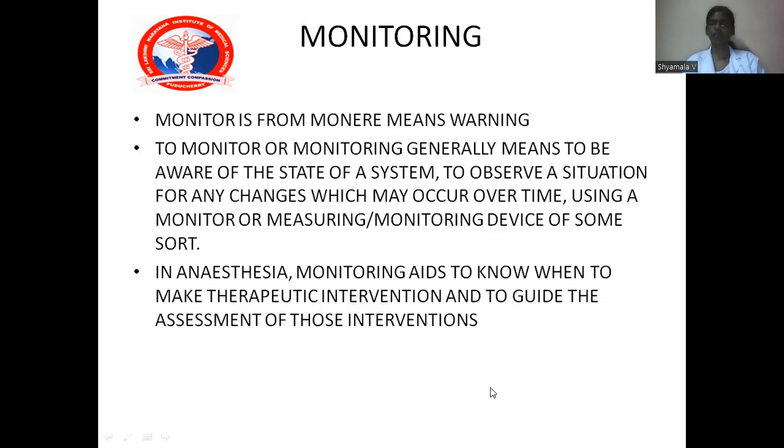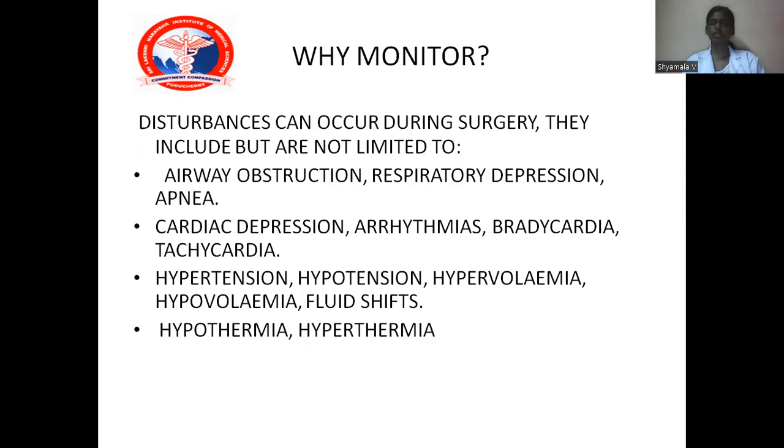As I said before, various changes can occur during anesthesia, including airway obstruction, breathing depression, and impaired cardiac circulation. So we should monitor continuously for these changes, and if they happen, we should act promptly. Why is monitoring important?